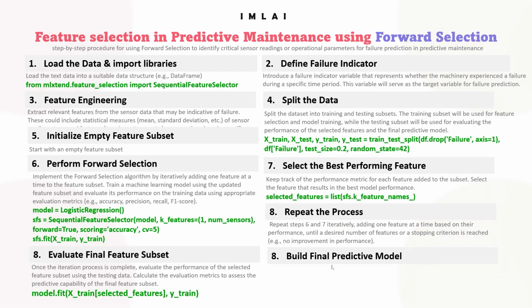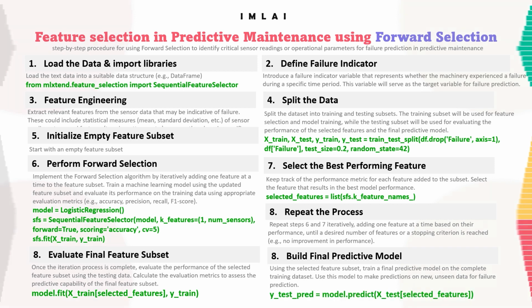Next, let's build the predictive model using the selected feature subset. Train a final predictive model on the complete training data set. Use this model to make predictions on new unseen data for failure prediction. So you'll use y_test_pred and model.predict, a method from the model, and then give it the required information. Basically, selecting the features, our feature selection for predictive maintenance using forward selection, has been done till here.